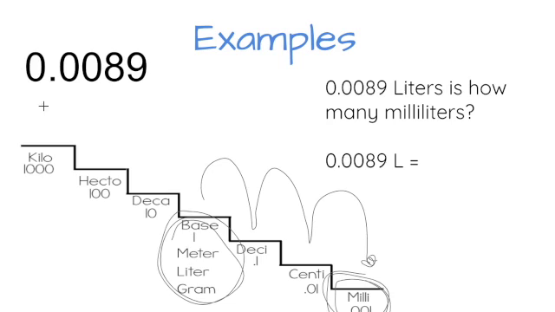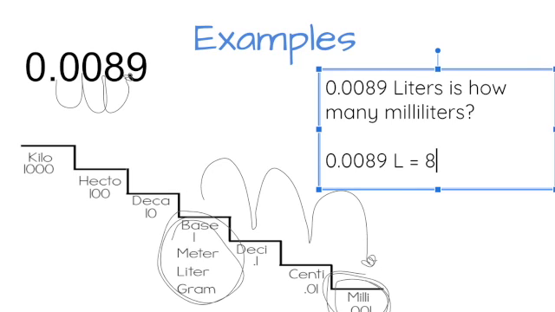That means we move our decimal 3 times. Our decimal is here. We bounce 1, 2, 3. Our new decimal is now in between the 8 and the 9. And it didn't stick again for me. I apologize. Let's try it again. There we go. So our new answer is 8.9. Don't forget to label milliliters, capital L.